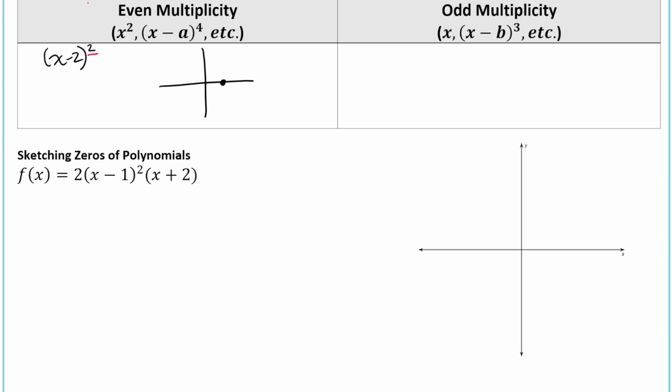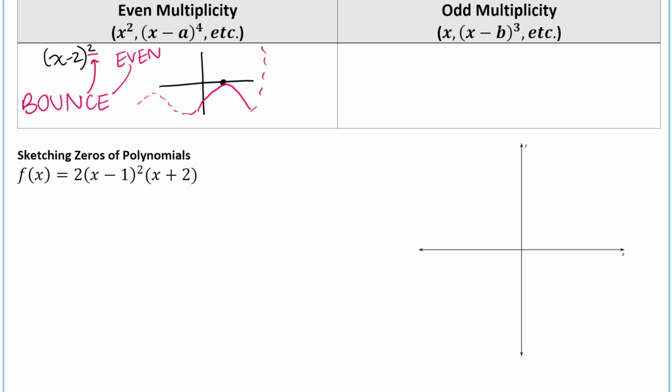What would happen, because of this even exponent, is it's actually going to bounce. Bear with me, it bounces off of the x-axis. So at that zero, it's going to go boing, and it's going to bounce off. So we're not sure what it's doing before, it just depends on the function. But when we have an even multiplicity, it's going to bounce.